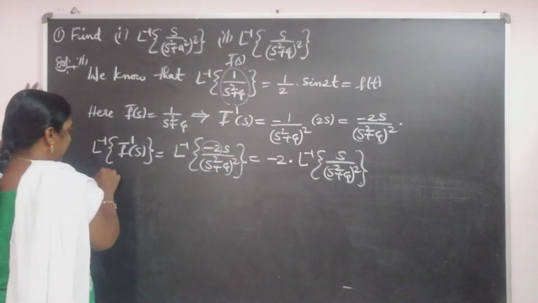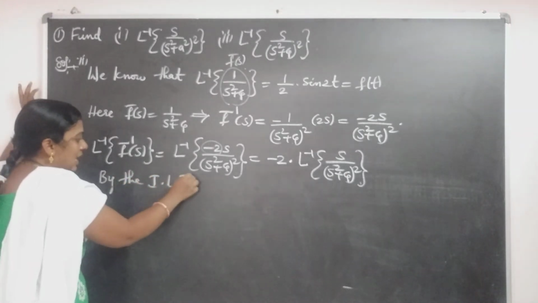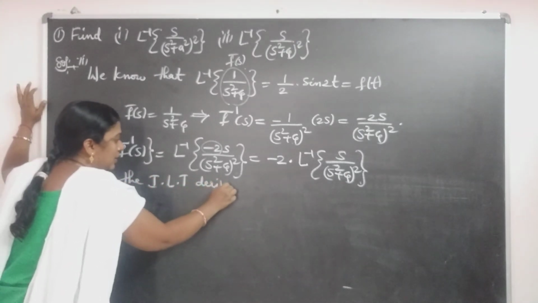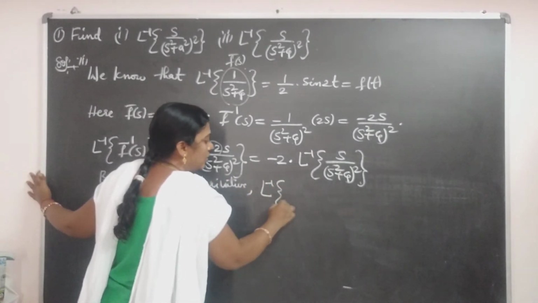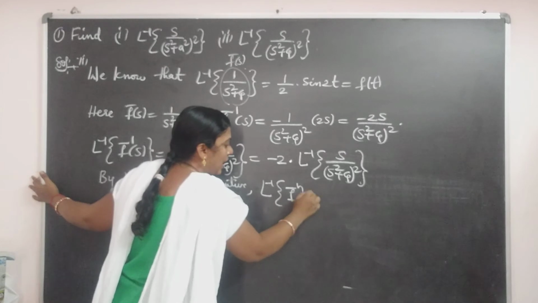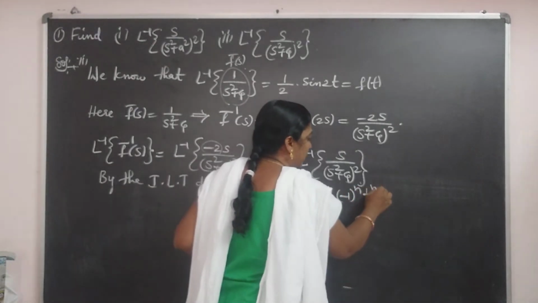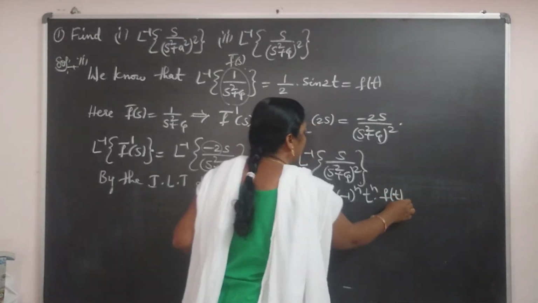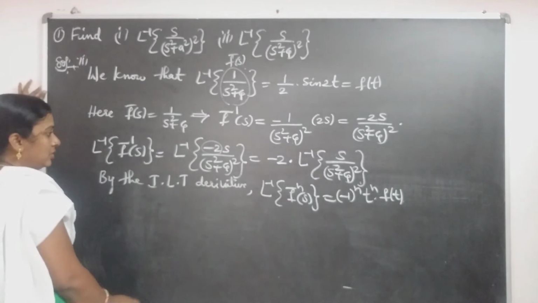By the derivative of the inverse Laplace transform, what we have is L inverse of f bar n of s is equal to (-1)^n t^n into f(t). Here f(t) is 1 by 2 into sin 2t.